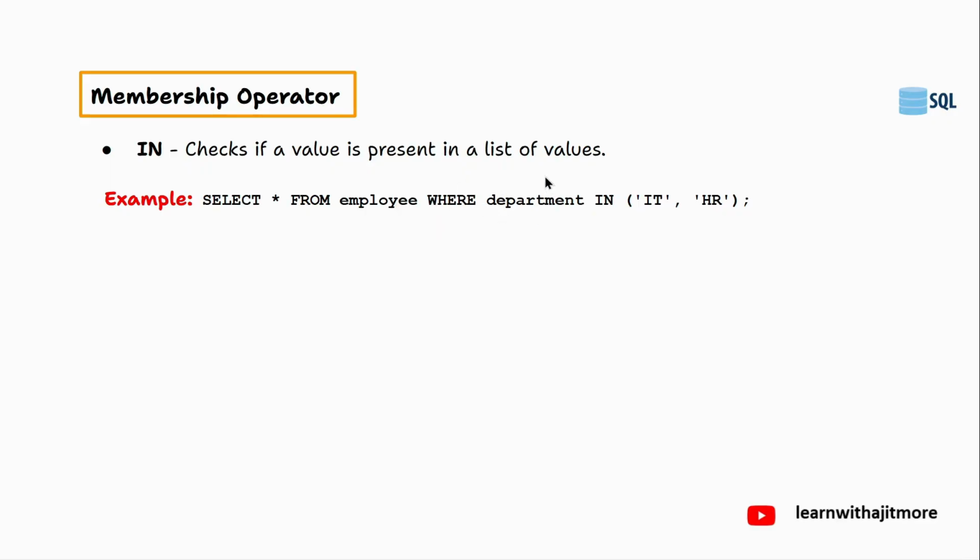Each employee's department will be checked whether it is in this list. If it is in this list, that record is printed or filtered. If it doesn't belong in this list, it is rejected. In short, it will display all the employees who belong to the IT department or HR, but only these two, right? Okay.